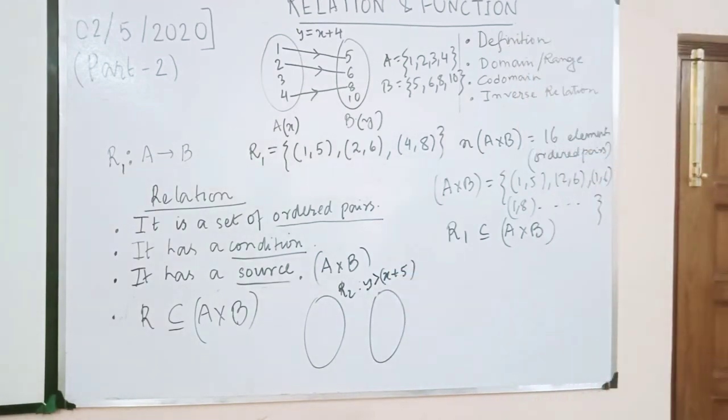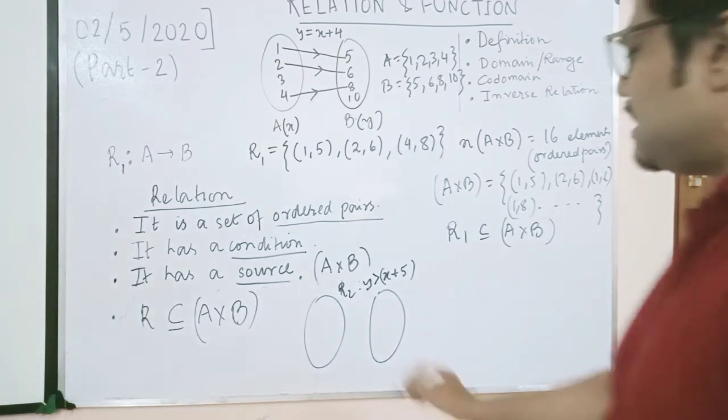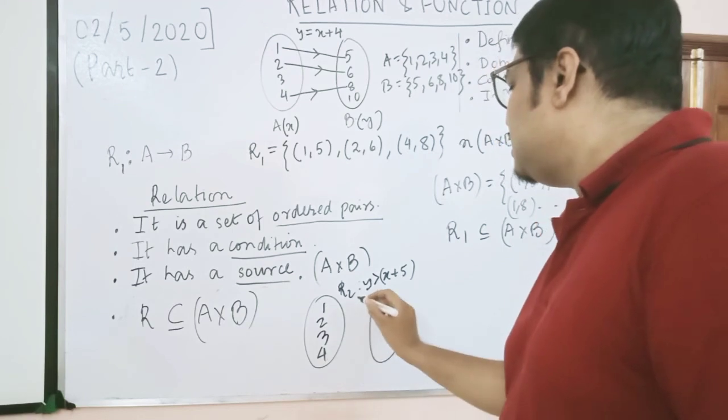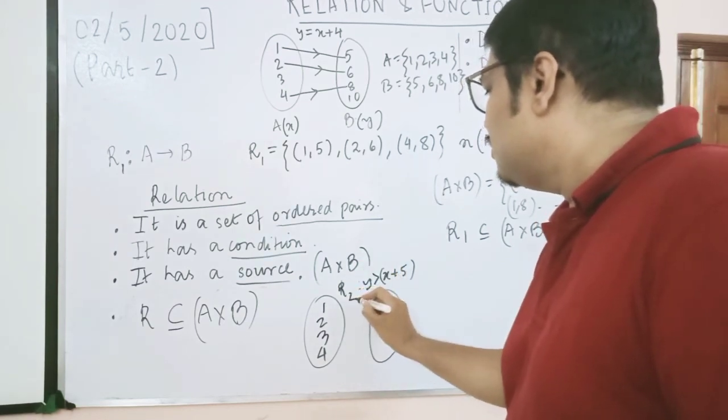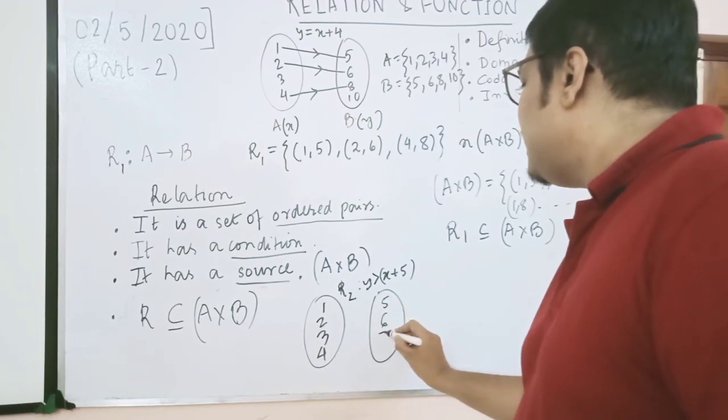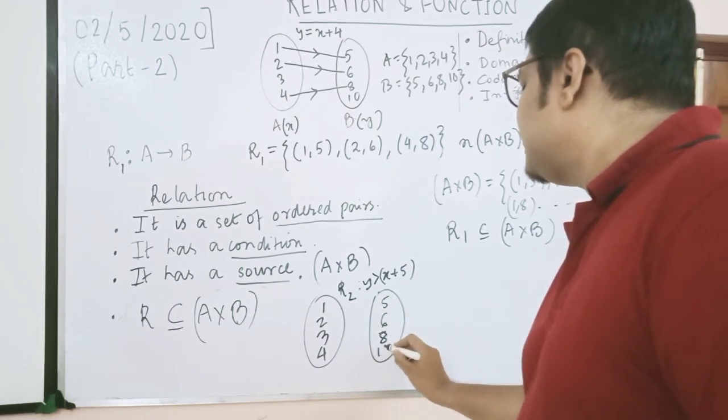Y is greater than x plus 5. That means you have to connect all those ordered pairs into it. So here I wrote what? This is R2.